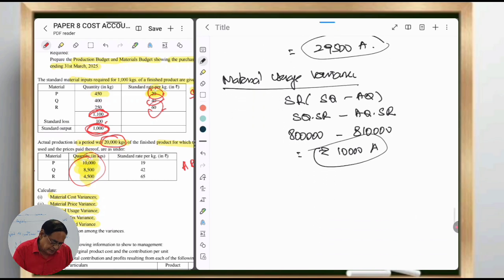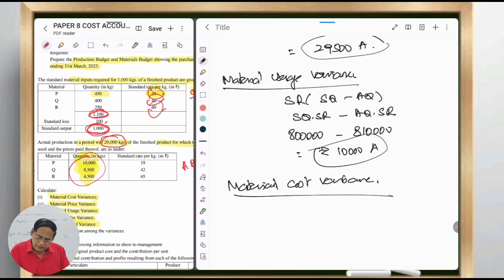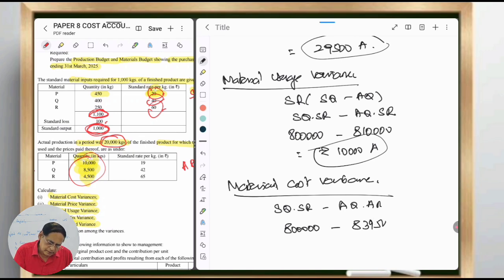And then material cost variance. Material cost variance is standard cost minus actual cost, that is SQSR minus AQAR. SQSR is 8 lakhs, AQAR is 8,39,500, so 39,500 rupees adverse.